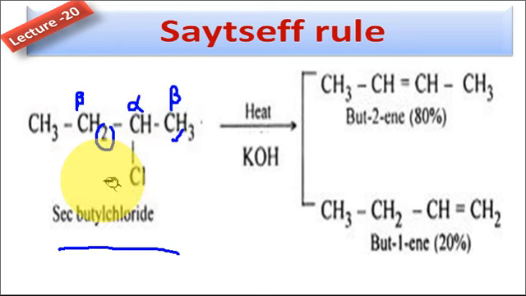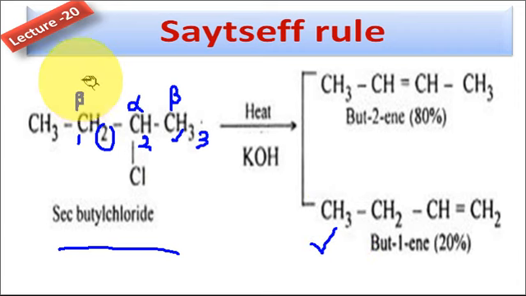Now what happens? Look here, if the hydrogen or proton is eliminated from here, then a double bond is formed between these carbon atoms. To understand the concept, we shall number these carbon atoms. Now, if we consider this carbon atom as the beta carbon atom, then the double bond is formed between the second and third carbon atoms and 1-butene is formed.